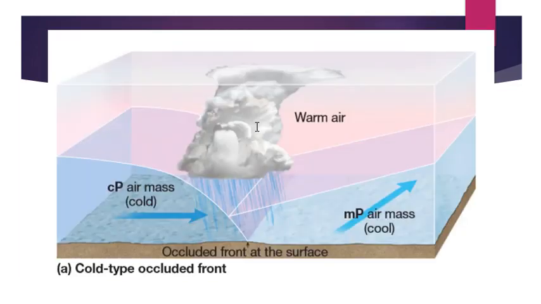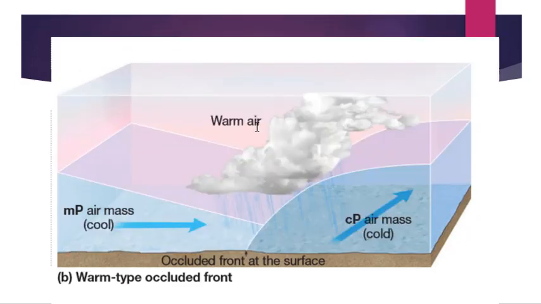Then we have a cold type occluded front wherein a cold polar air mass now meets the maritime polar air mass. And then warm air rises. So that results in cumulonimbus clouds. And then another one would be the warm type. What happens here is the maritime polar air mass pushing the cold polar air mass.